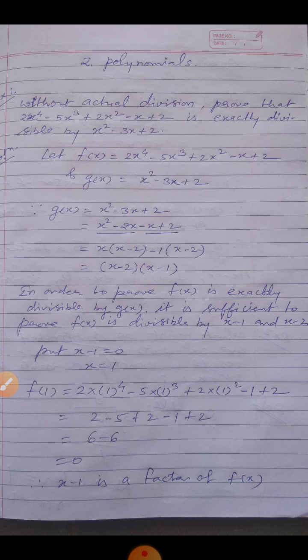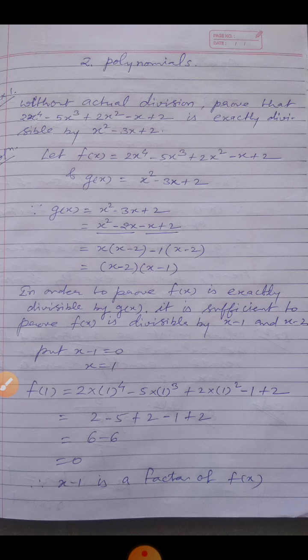Here the last term is 2, multiplied by the coefficient of x square, which is 1. So 2 into 1 is 2. Determine the factors of 2 whose sum is 3, that is 2 and 1. 2 plus 1 is 3 and 2 into 1 is 2.